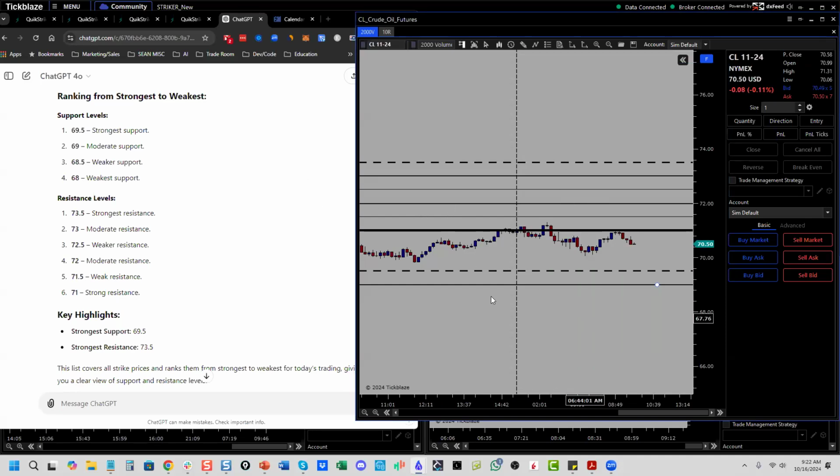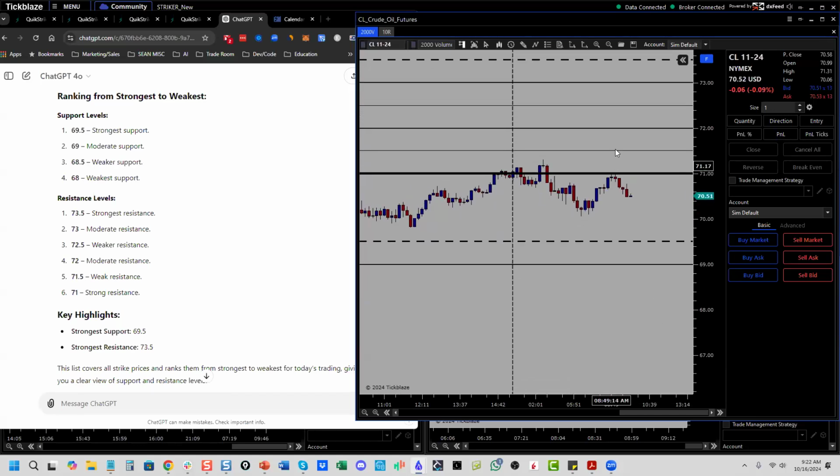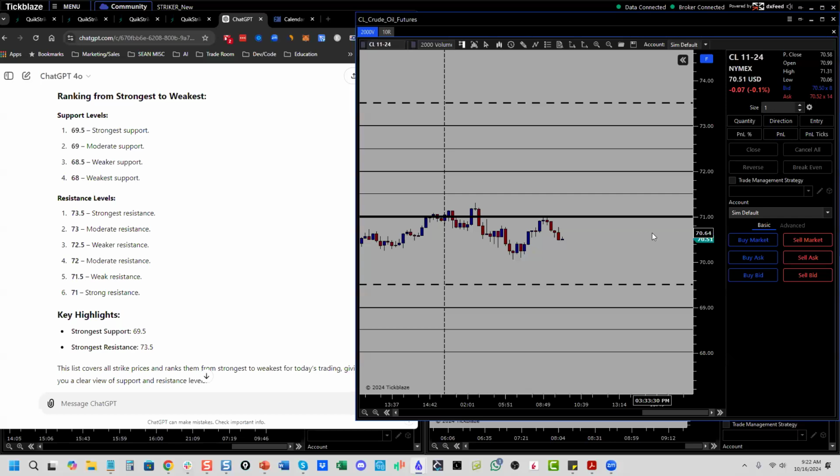And then ultimately I have 68.50, which is weaker and weakest. So these are pretty weak levels down here. So there's a very good chance. So 68 and 68.50, they're weaker.